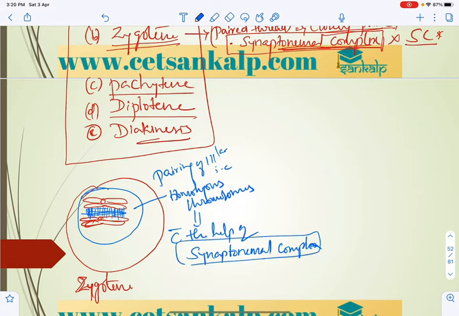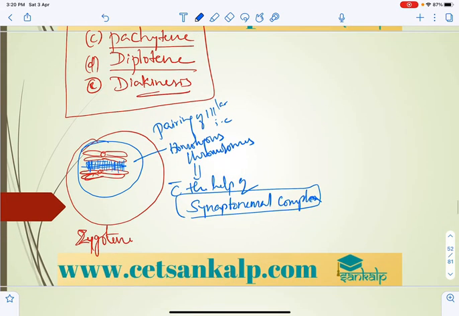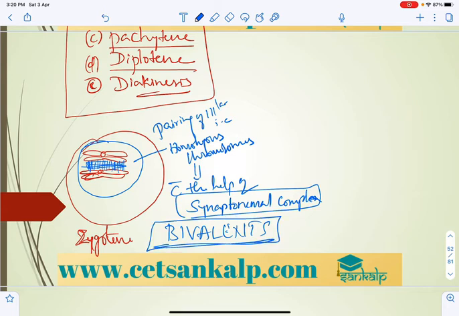That is the condition where it gives two chromosomes, that is bivalent, right? So what is a bivalent? Bivalent means paired homologous chromosomes.